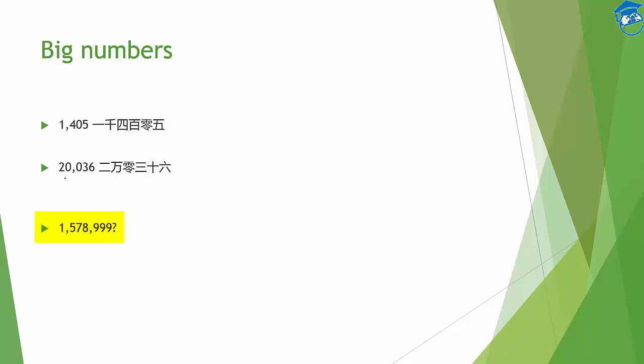So in the end, the whole thing here is 20,036. Okay, here I'm just going to make a note. As you see, 10,000 is 一万, so 20,000 is of course 二万.